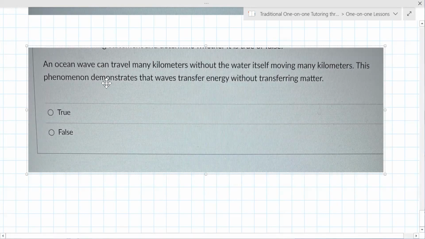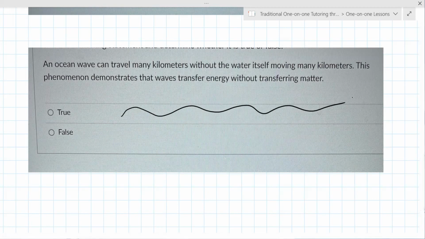So what they're talking about here is that the wave itself is moving, but the water is not moving with it. Because if the water kept moving, it would build up on the shoreline. And if you've been to the ocean at some point in your life, you know there's not a bunch of water there. It just recedes back.